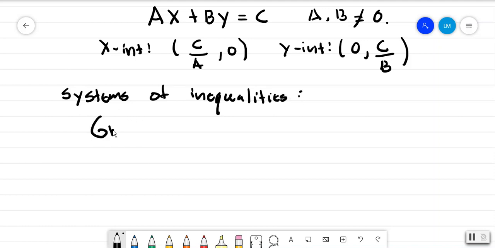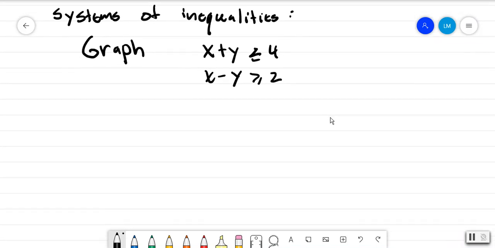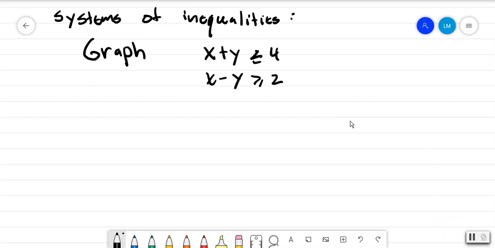So let's say that we want to graph x plus y is less than or equal to 4, and x minus y is greater than or equal to 2. What this means is that you would need to find different sets of x-intercepts and different sets of y-intercepts, and also a set of intersection points.